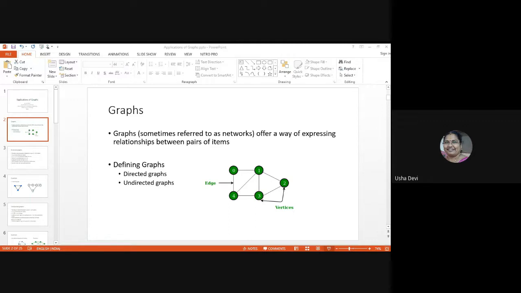What are those? Vertices and edges. All these vertices should be named, either numbered or named, in order to uniquely identify the concerned vertices. If you have so many vertices and you are trying to connect from where to where, then in order to differentiate that, we can have a naming process.